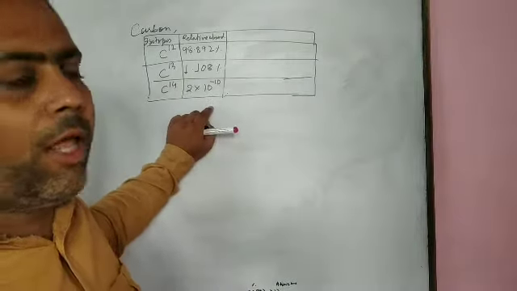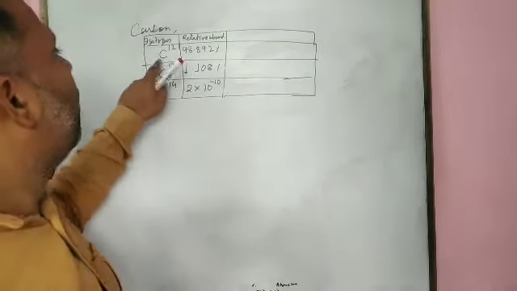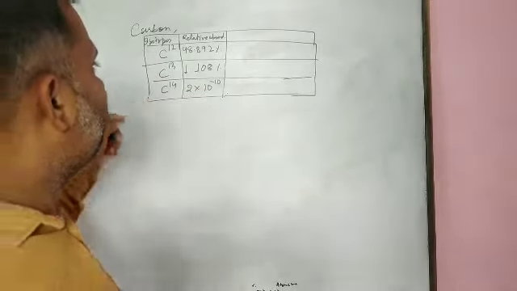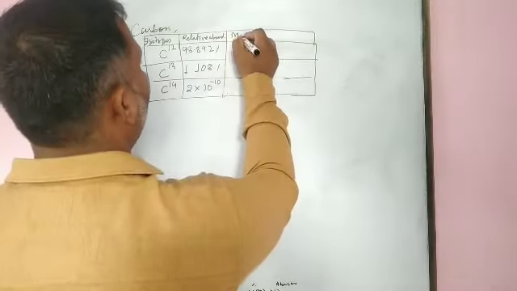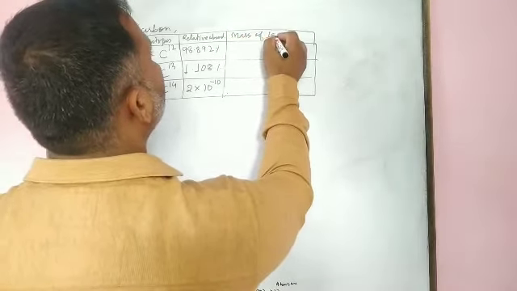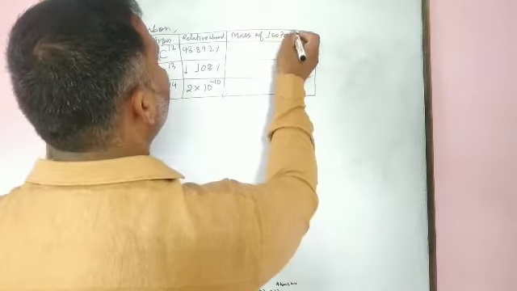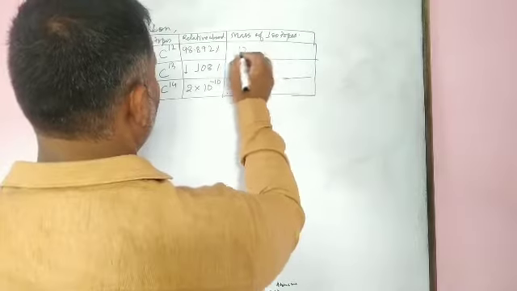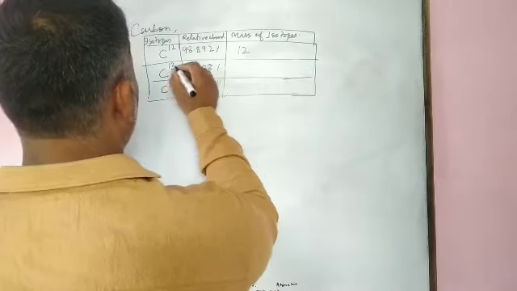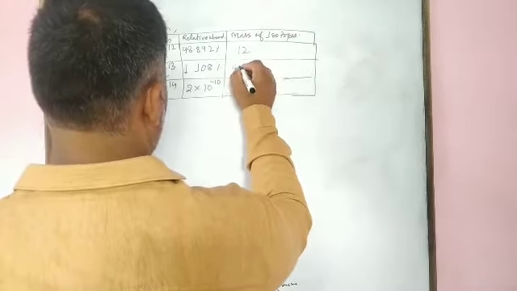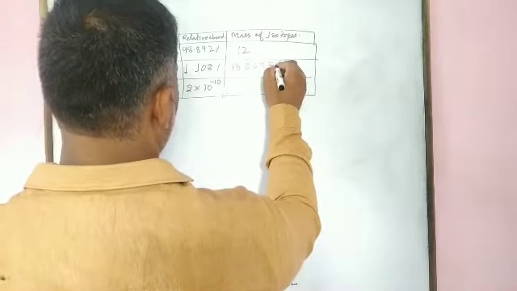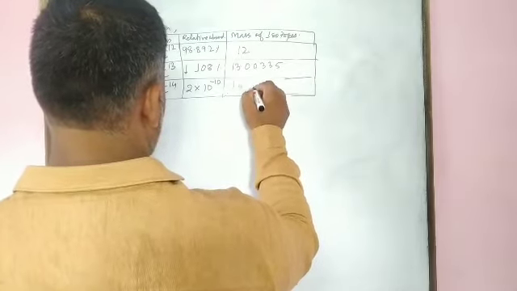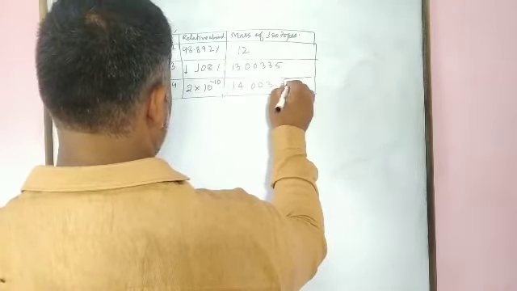We know what their relative abundances are. We know their masses. Let us take the exact masses of these isotopes. The mass of carbon 12 we know is 12. The mass of carbon 13 is 13.00335, and the mass of carbon 14 is 14.00317.